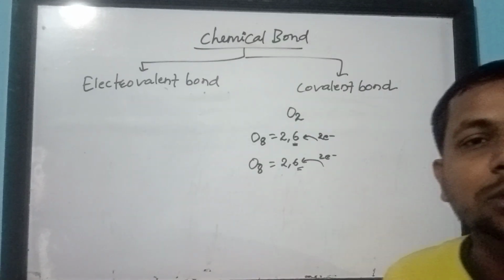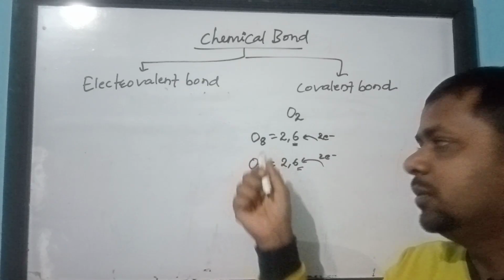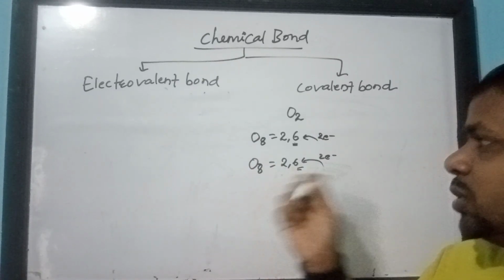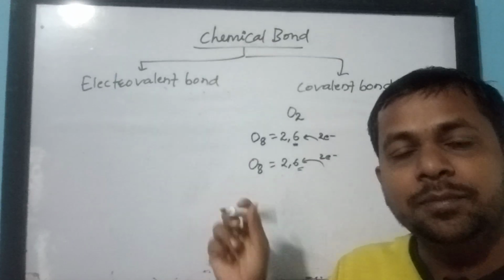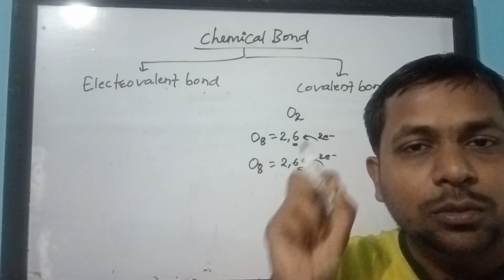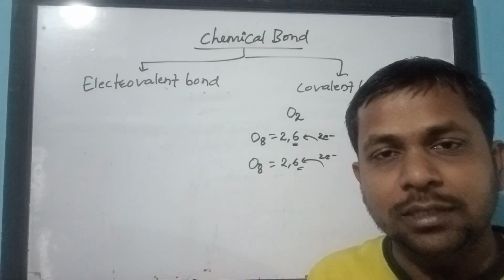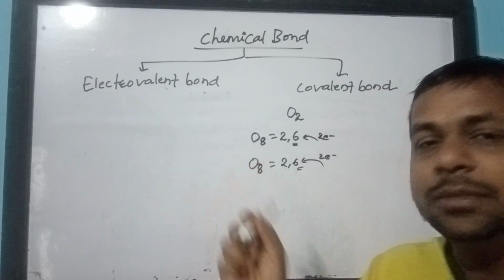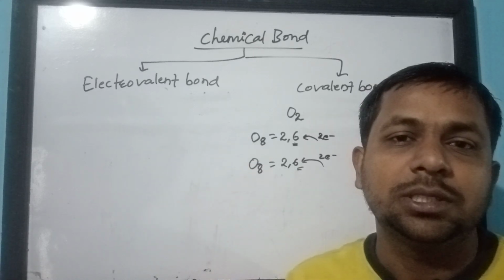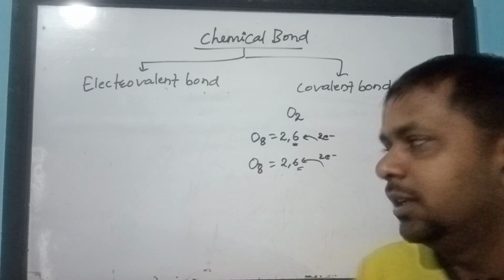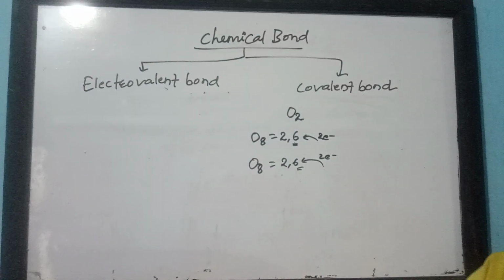Then from where will electrons come to them? In this condition, they neither lose nor gain electrons, but these two atoms share their electrons with each other. Let us see how they share.